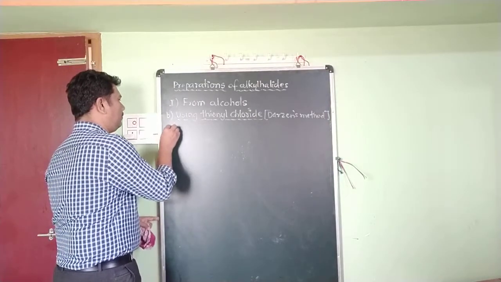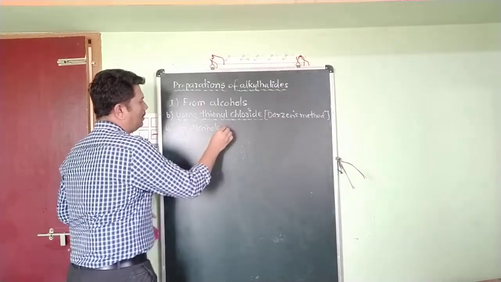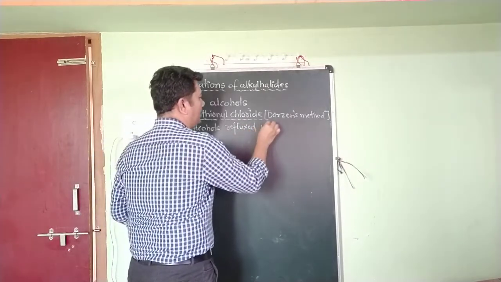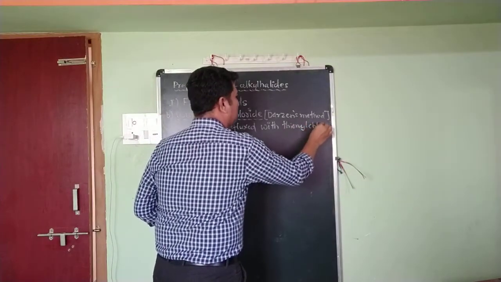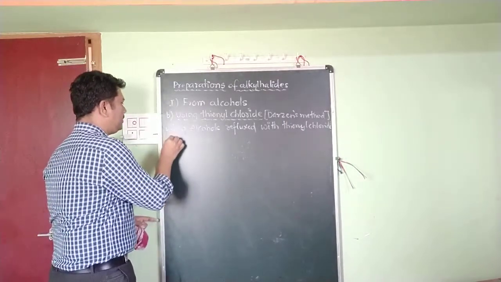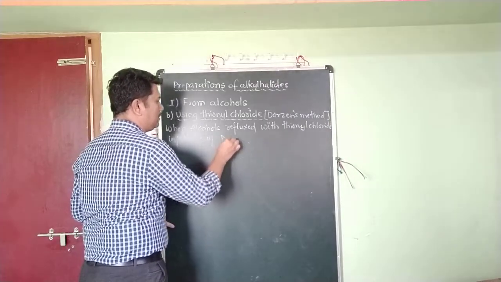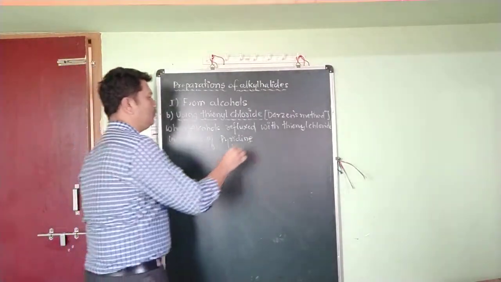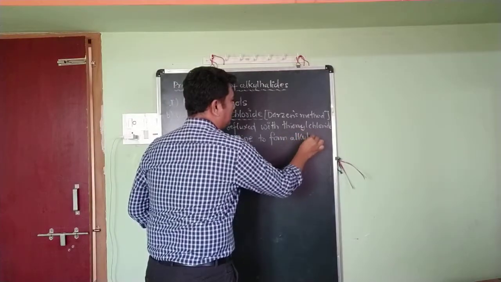See here, when alcohols are refluxed with thionyl chloride in presence of pyridine, they form alkyl chlorides.